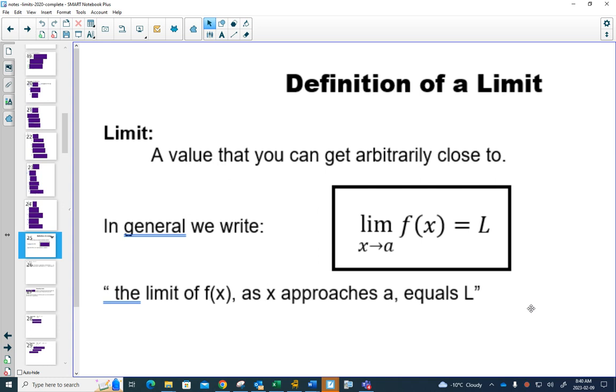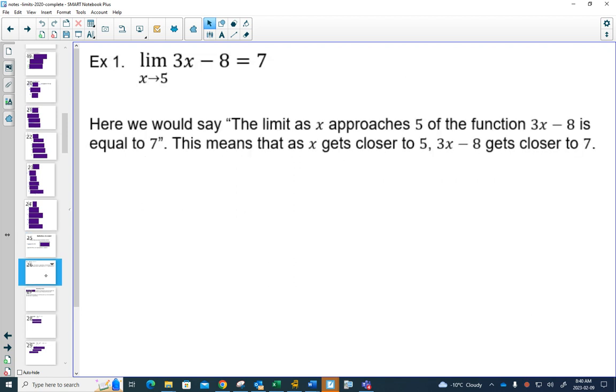We write LIM for limit, and we would read this as: the limit as x gets close to a, or x approaches a, of f of x is equal to L. So f of x, you could put any function in there, and then you're imagining if we got close to that value of a, which could be any number, what is it equal to? And a lot of limits are really, really easy.